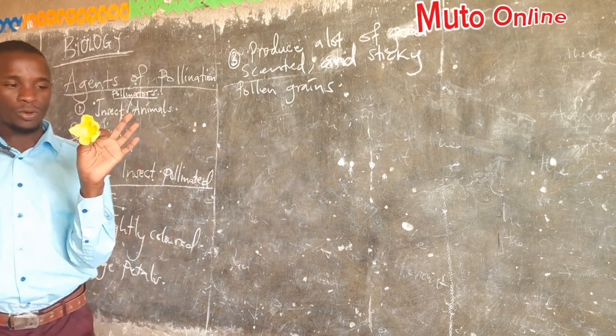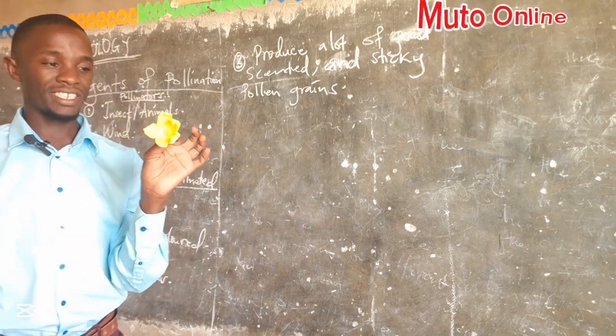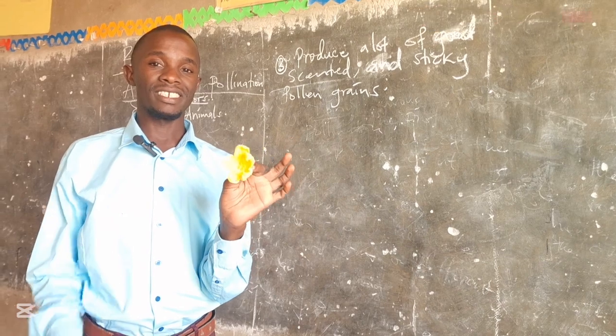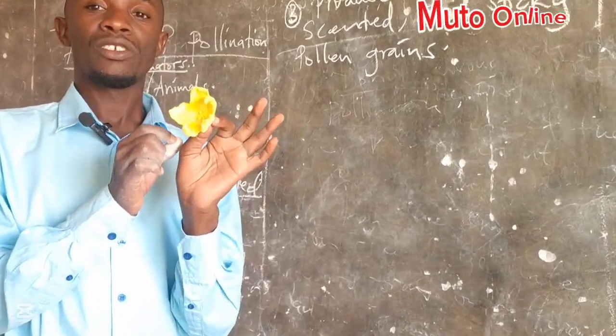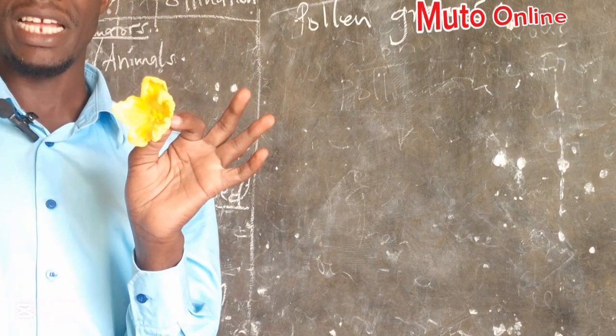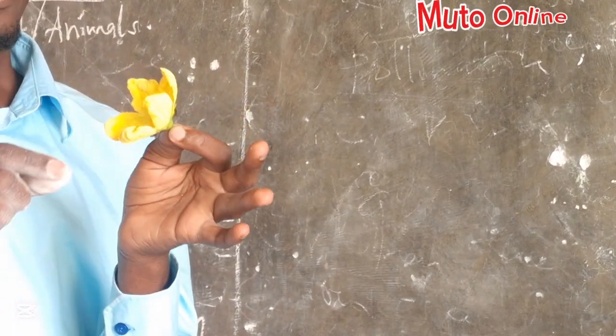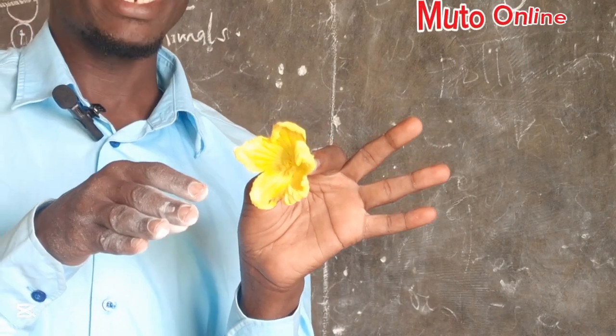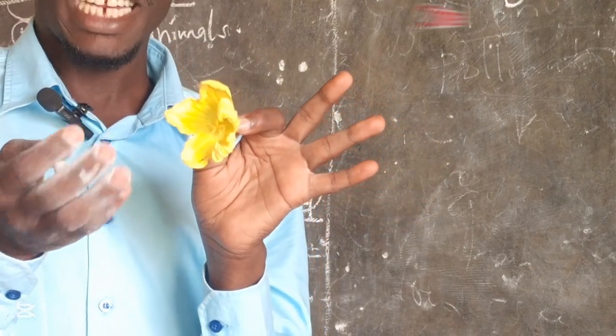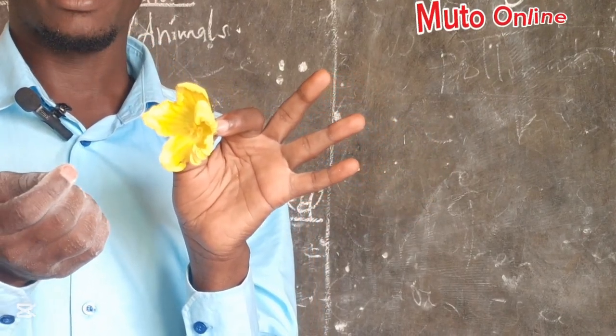The pollen grains produced by these insect pollinated flowers are sticky, so they attach themselves to the body parts of the pollinators. Two, they are scented. The good scent of the pollen grains attracts the pollinators.